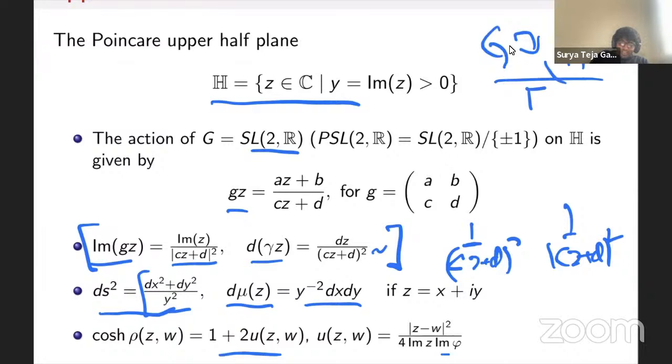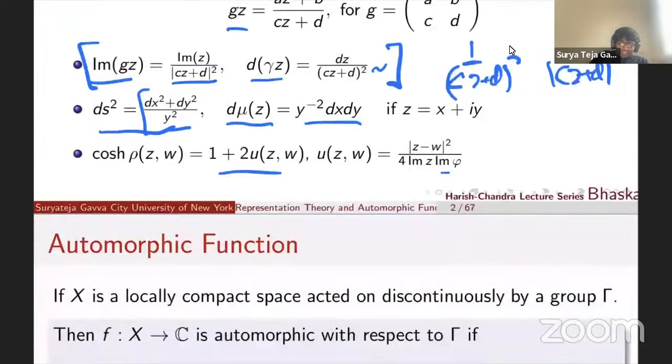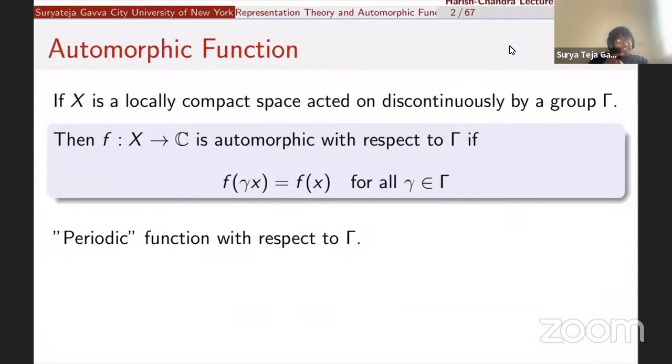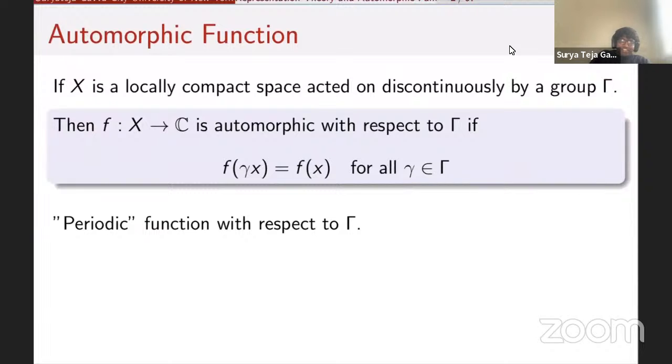The spectral decomposition on H, or H mod some discrete subgroups, is the theory of automorphic forms. Roughly, an automorphic function is just a function on some space which is periodic with respect to some discrete group acting on the space.